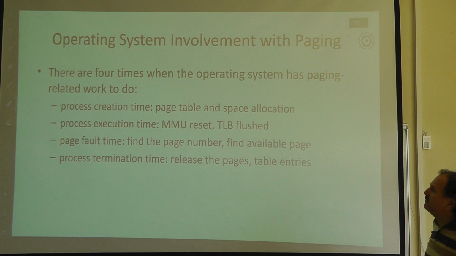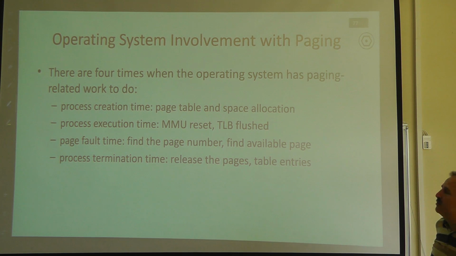So these are the 4 main cases where the operating system is involved with the paging. Okay, so where do the page replacement algorithms work? Out of these 4, where do we run the page replacement algorithms? Process termination time. Do you run any page replacement algorithm at the process termination time?